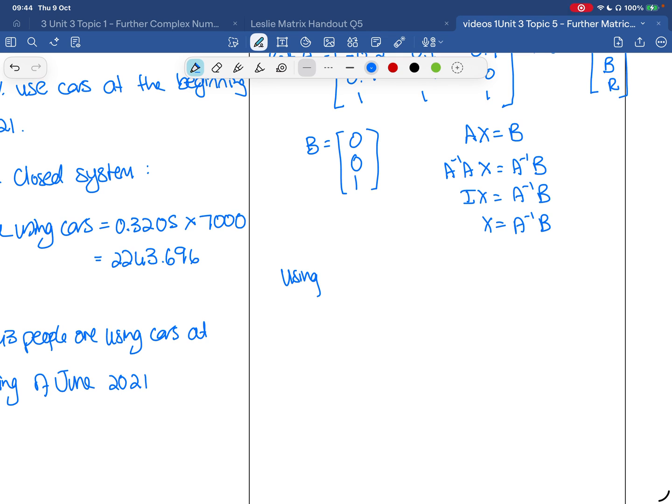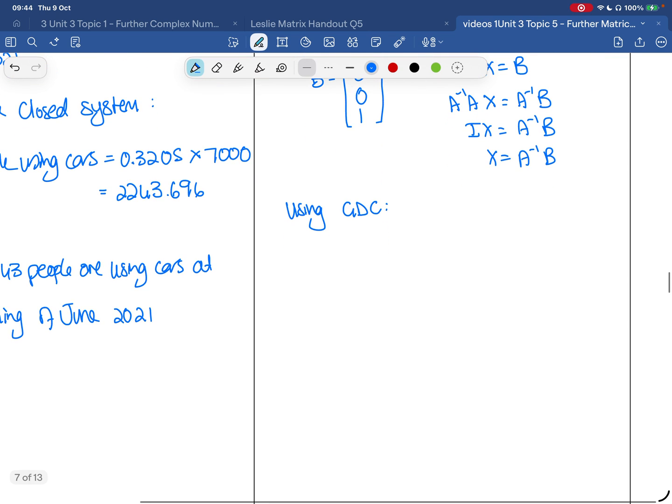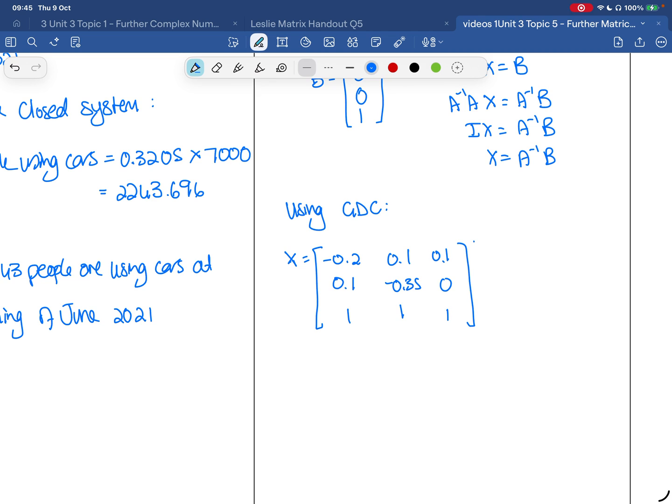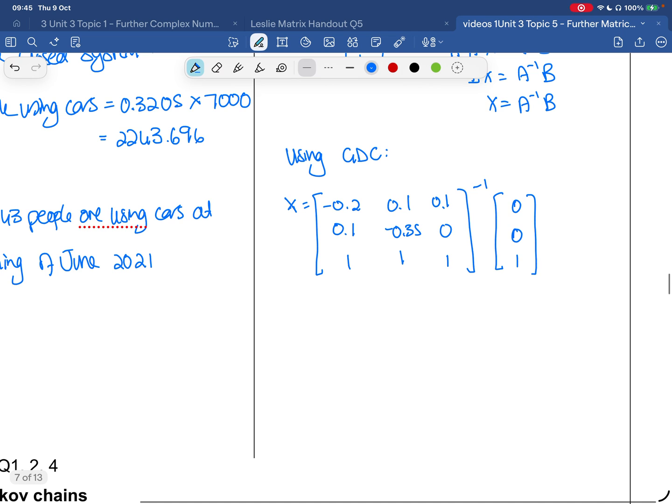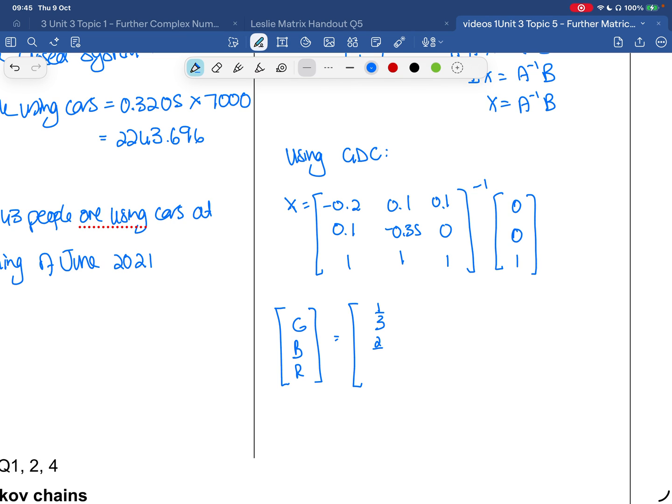So using my GDC, X is going to be the inverse of A, so negative 0.2, 0.1, 1, 0.1, negative 0.35, 1, 0.1, 0, 1, to the negative 1, times 0, 0, 1. And I can then say that CBR is equal to 1/3, 2/21, and 4/7.